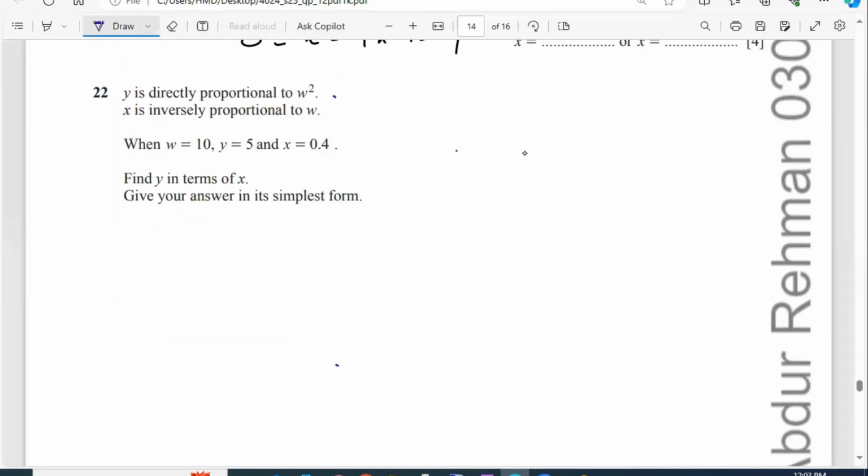Y is directly proportional to W square means we can write Y equals K W square.